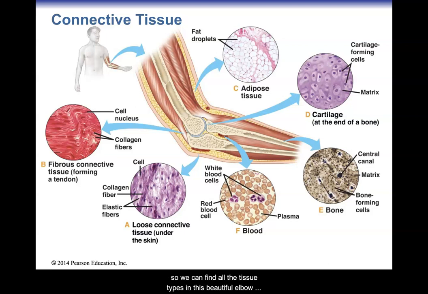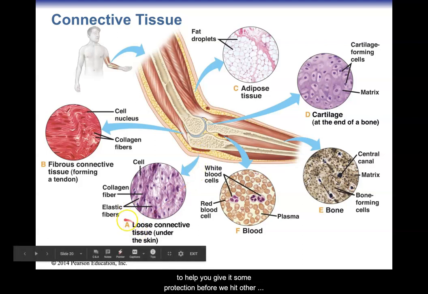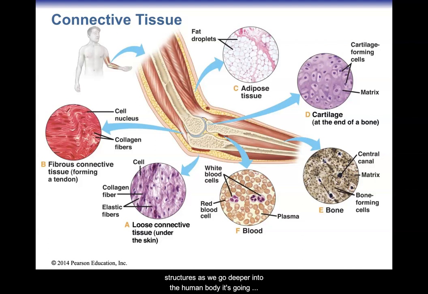So we can find all the tissue types in this beautiful elbow joint example. I'll start here, where we see it's touching the skin, and loose connective tissue. Loose connective tissue is found under the skin. It's going to help give it some protection before we hit other structures as we go deeper into the human body.